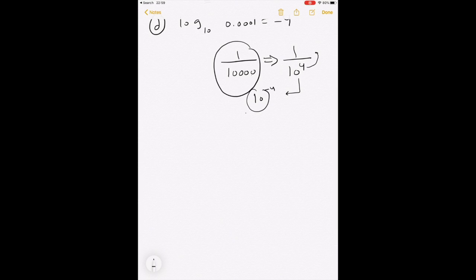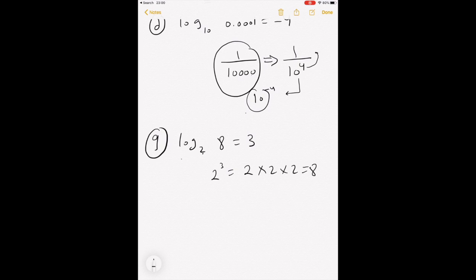Let's look at g. In this case, g has log to the base of 2, and it is asking what's the exponential for that. So log base 2 to the power of something gives you 8. Straight away you will know that it's 3, because 2 to the power of 3 means 2 by 2 by 2, and that gives you 8.